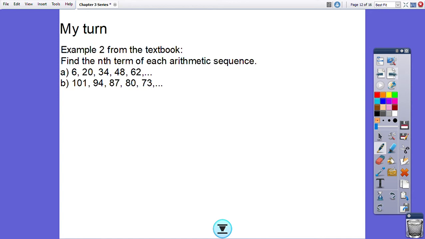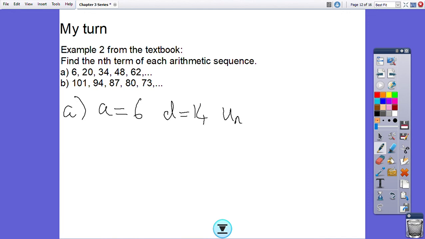Okay, let's have a look at example 2 now, which wants us to find the nth term of a couple of sequences, one that's increasing and one that is decreasing. So in A, you have a is 6 and the common difference is 14.